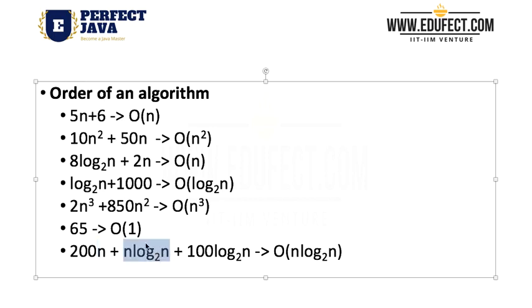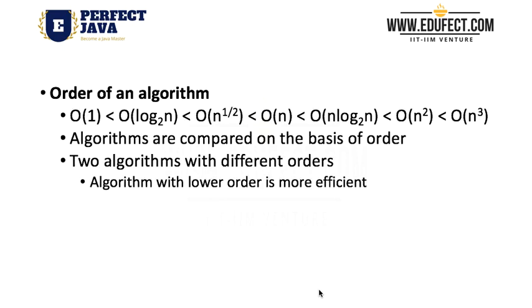Obviously this term will be the dominating term when n is very large, so this is order n log n. Okay, so if we just look at the order of certain functions, order 1, then order log 2n, then order root n. There are very few algorithms which are root n, then order n, then n log n, then say order n square, and say order n cube.